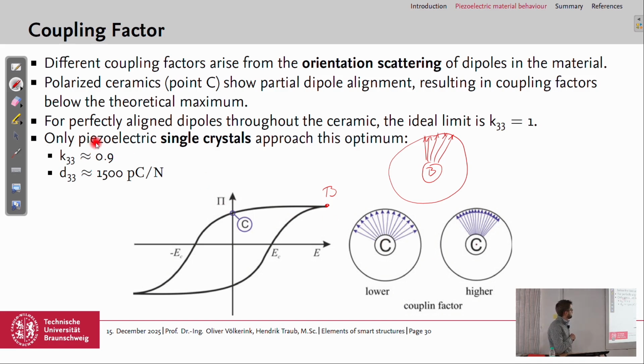And for perfectly aligned dipoles, so every dipole in the same direction, so this would be only a straight line, the limit is that K33 would be 1.